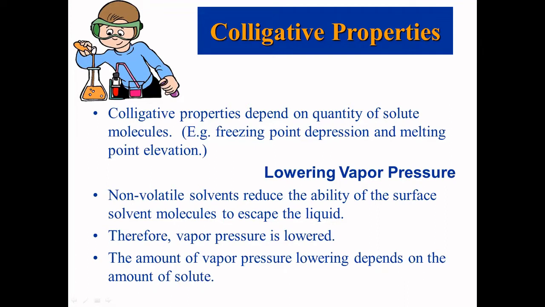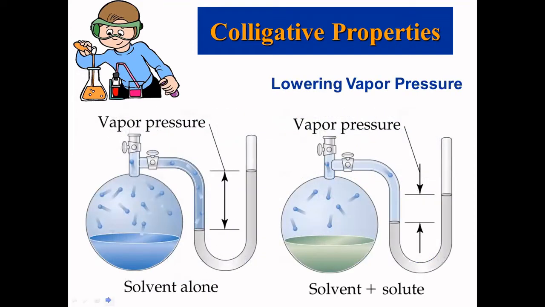Now, let's see in terms of an illustration what happens. You have here solvent alone, no solids present. So this is its vapor pressure, the pressure above the surface of the solvent. What happens if we dissolve a certain amount of solid or solute in this pure solvent?